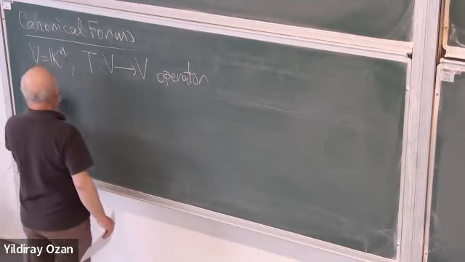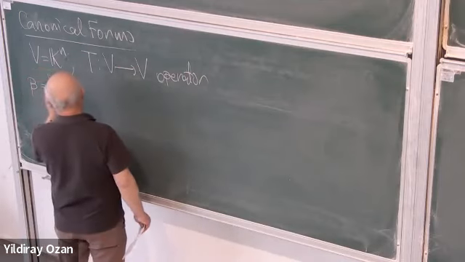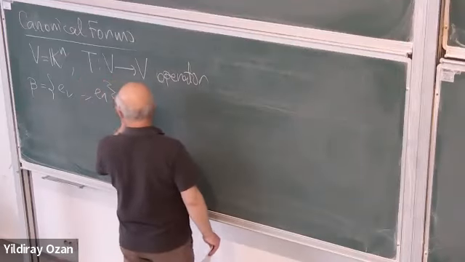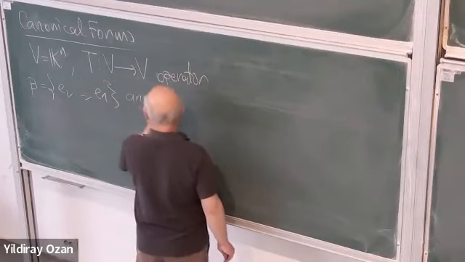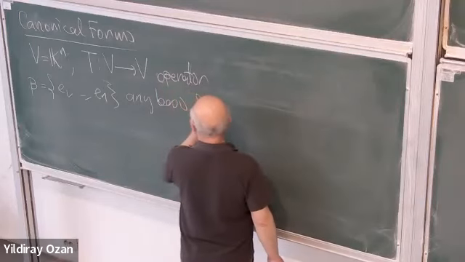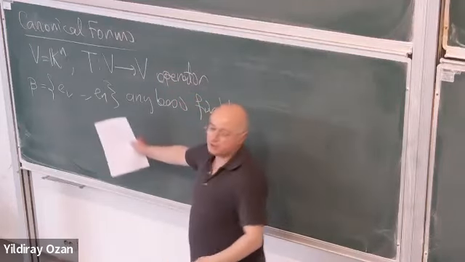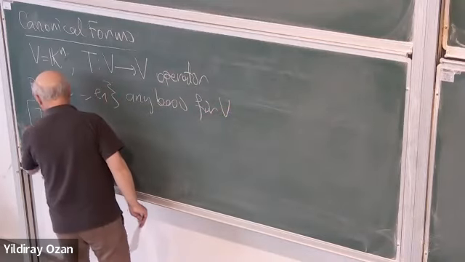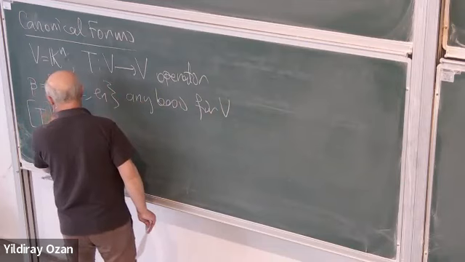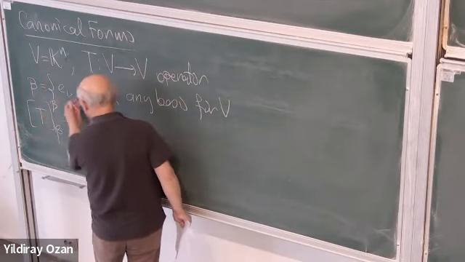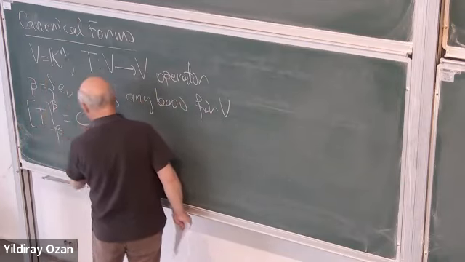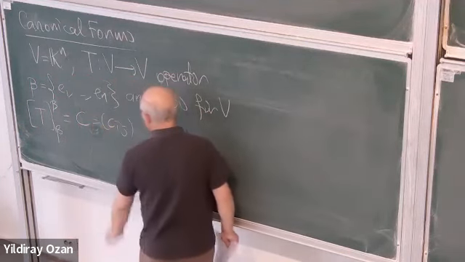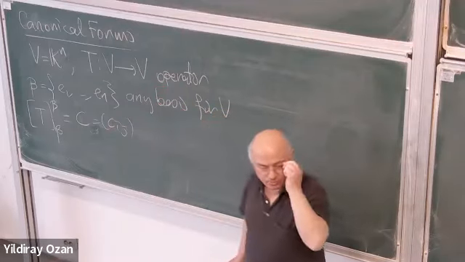Let's take any basis for V. You may take the standard basis, and suppose the matrix representation of the operator in this basis is C. So entries C_ij. Last time I wrote it as C_ij.